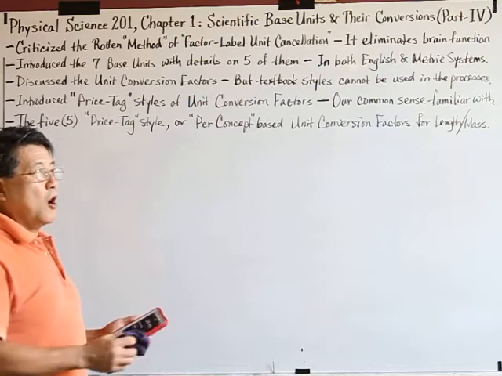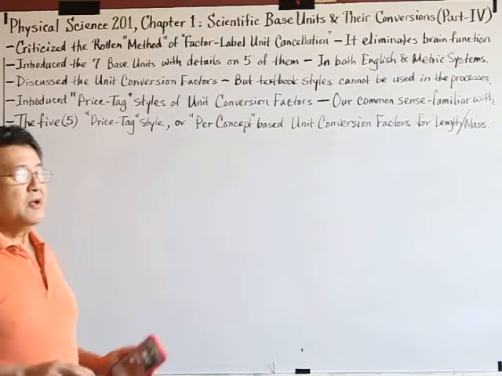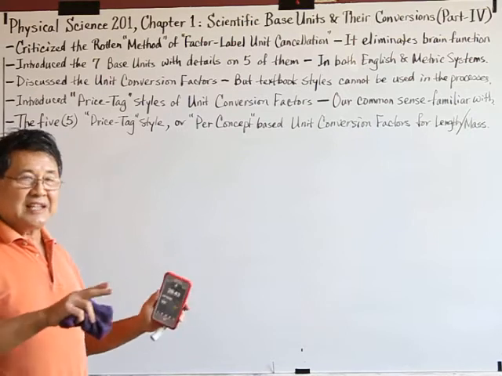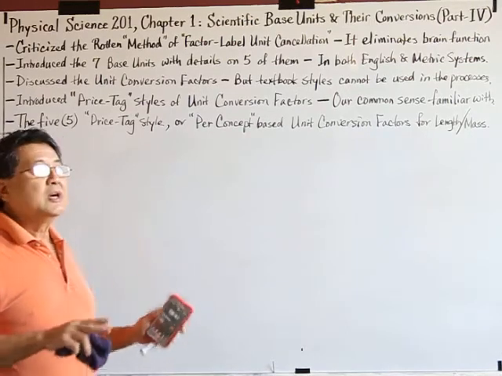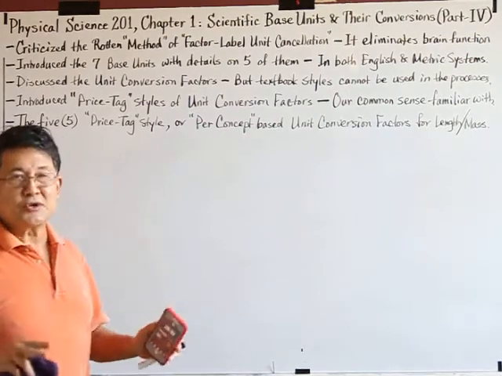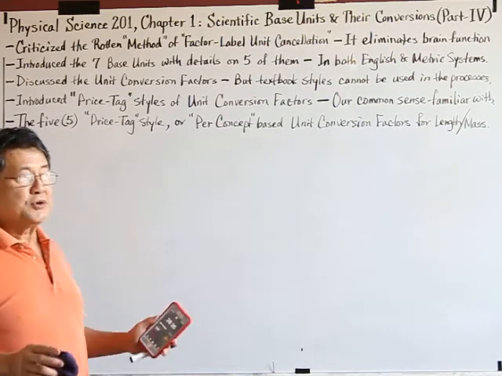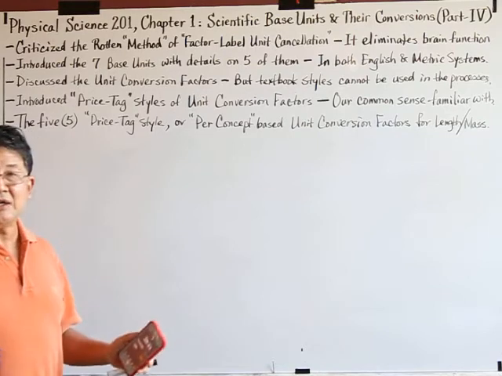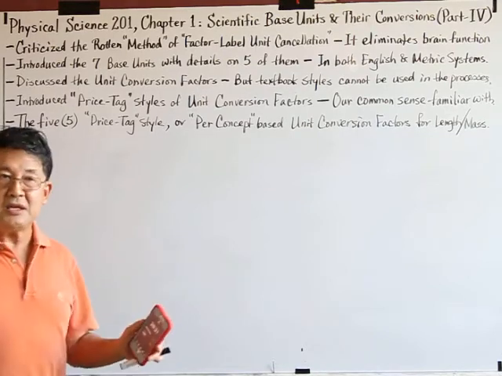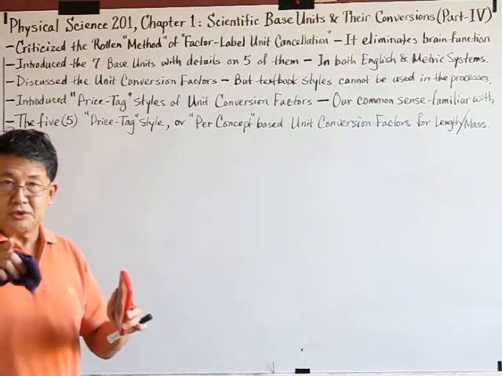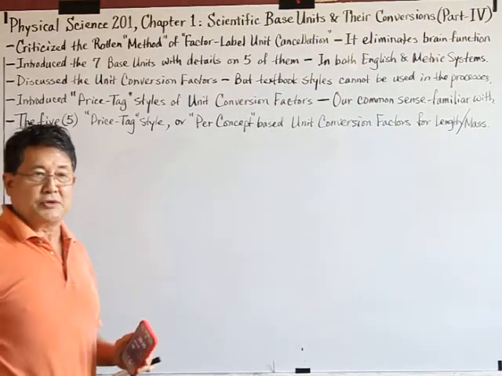It is named, very beautifully, as the factor-label unit cancellation method. And we discussed that this method actually tried to eliminate the human brain function of you, the student, whoever is learning that method.